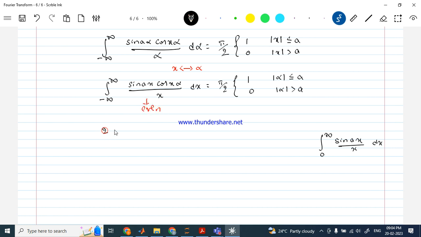So this becomes 2 times integration 0 to infinity sin(ax) into cos(xα) divided by x dx, equal to pi by 2 into 1 for mod alpha less than or equal to a and 0 for mod alpha greater than a.